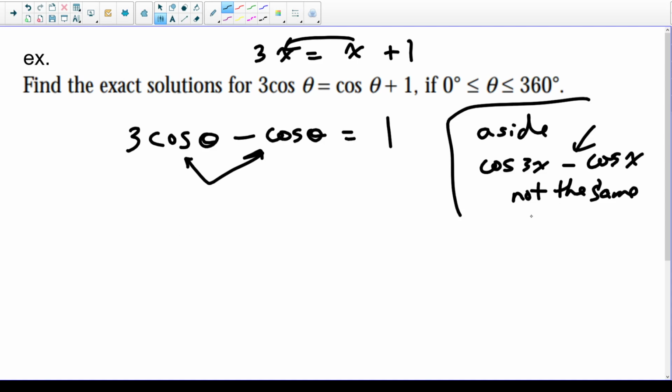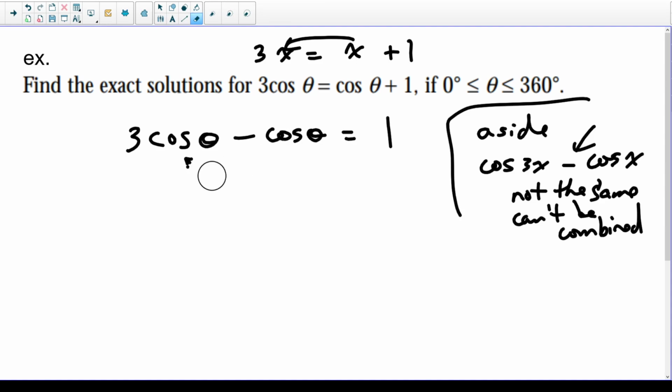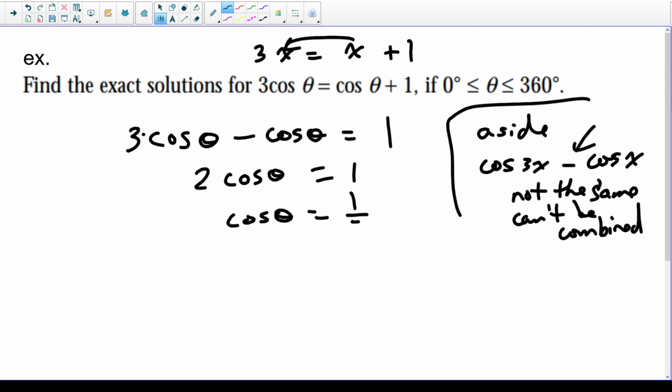So these can't be combined. But these can. So we've got 3 of them minus 1 of them. That means we have 2 of them. Isolating for cosine theta gives us 1/2.